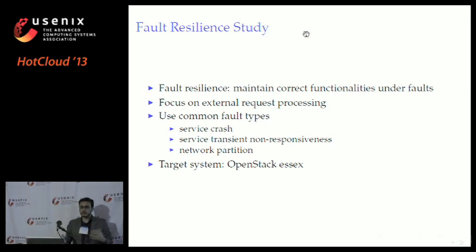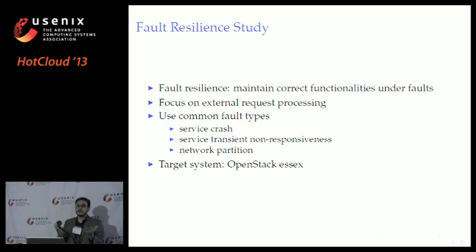Let me try to define a little bit what I mean by fault and fault resilience here. We say that the system is fault resilient when it can maintain correct functionality under faults. And the way we're going to stress test the system is to issue external requests, so user-facing requests, and inject some faults to see if the system behaves as it should.